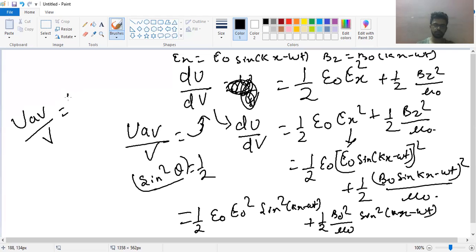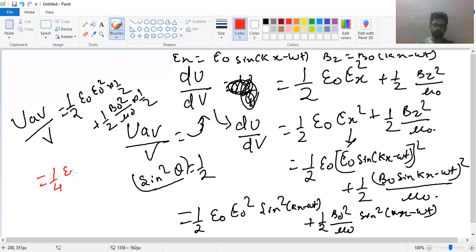So it comes out to be 1 by 2 epsilon e naught square into 1 by 2 plus 1 by 2 b naught square by mu naught into 1 by 2. Expanding this equation, we get 1 by 4 epsilon e naught square plus 1 by 4 b naught square by mu naught.